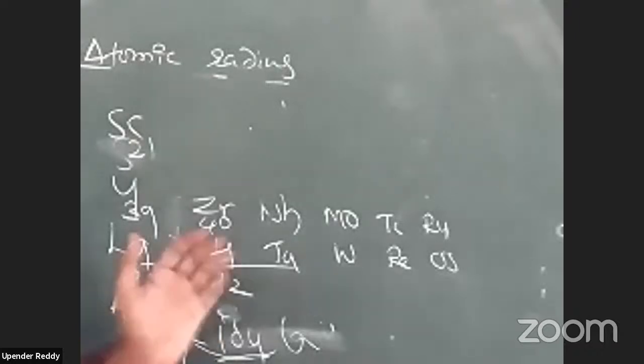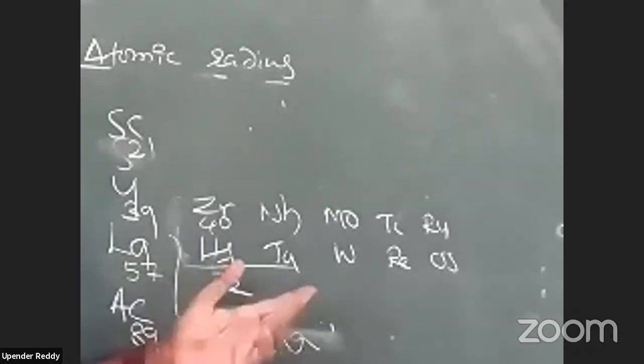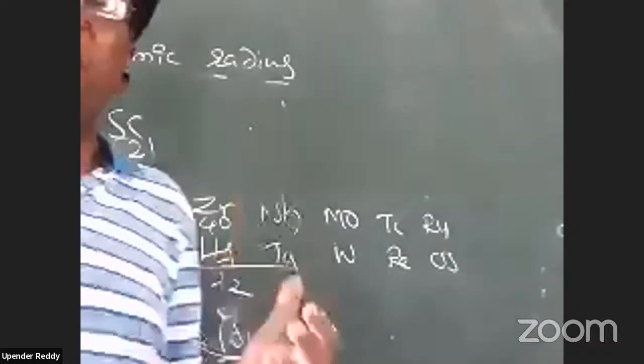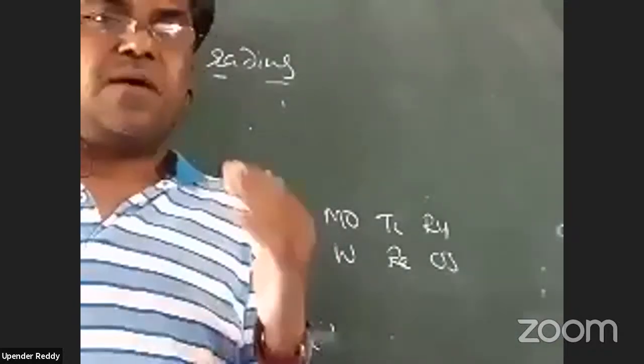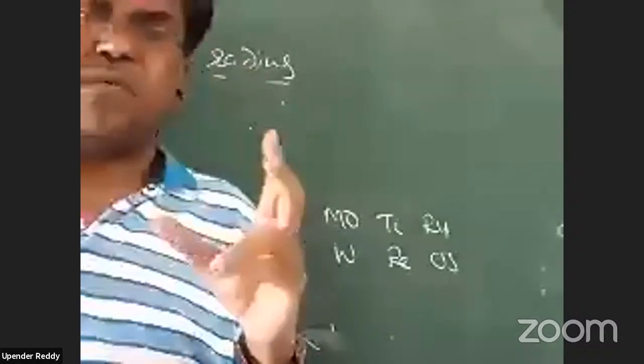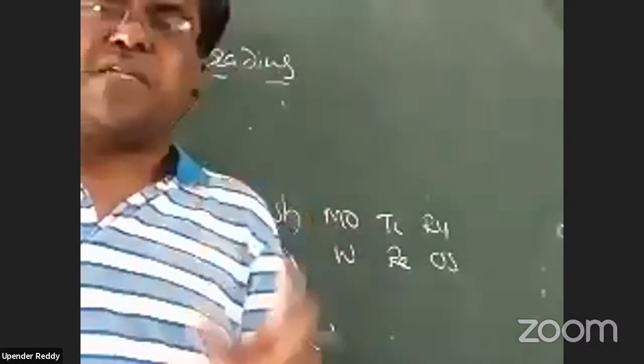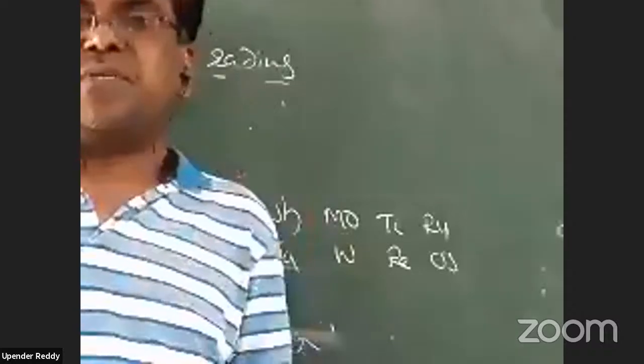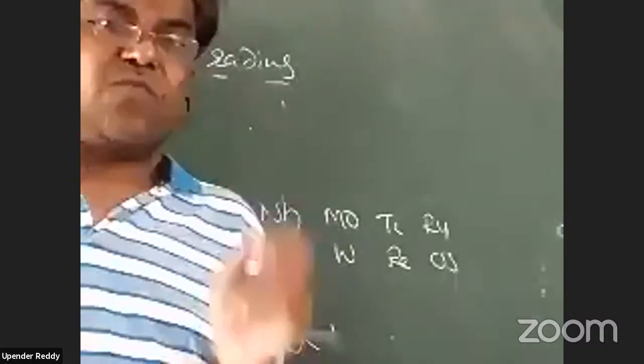So I'm going to explain one by one. Keep in mind, the sizes of the fourth d series and fifth d series elements are almost the same. The reason is lanthanide contraction. So because of lanthanide contraction, what happens?